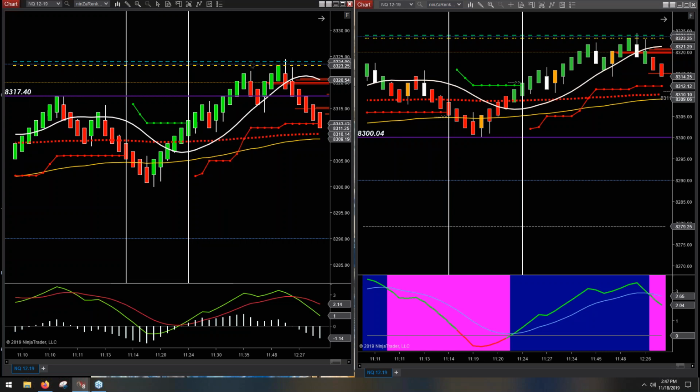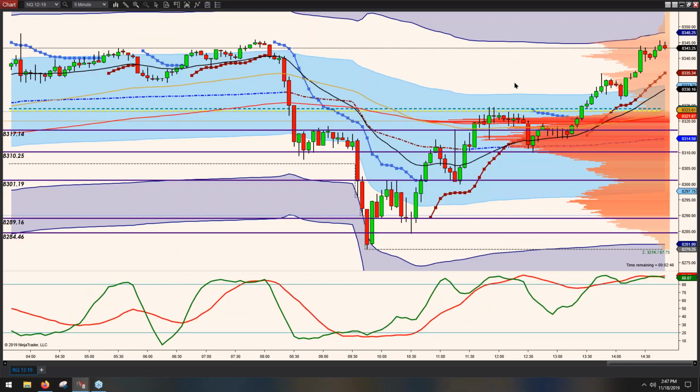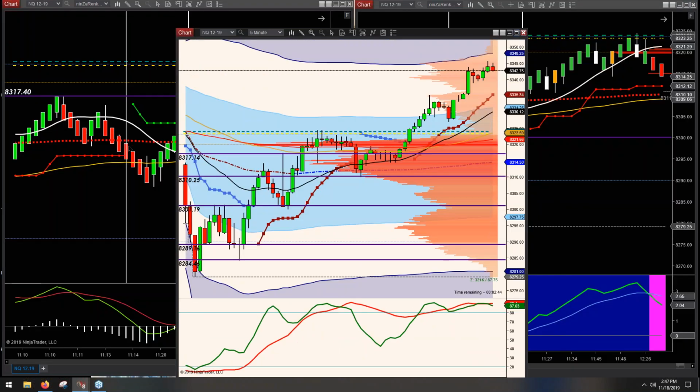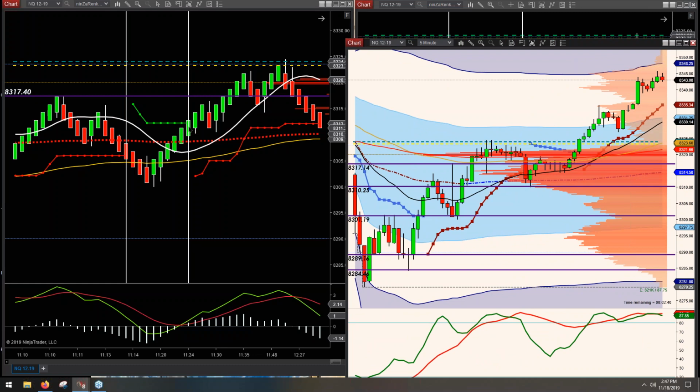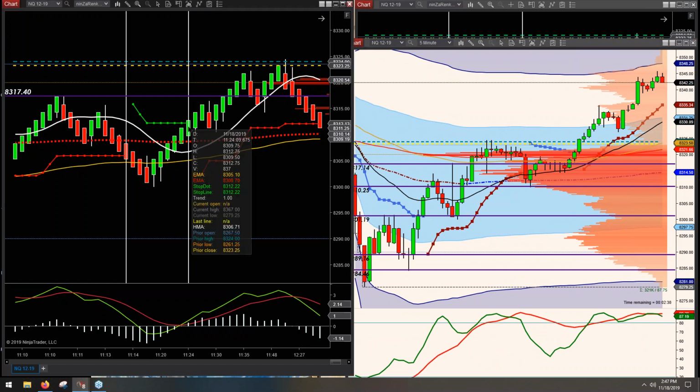Then if it gets through, I've got the previous day's high and close there. So I would look to that as the next target area if price could get through that area at 17. And again, if you look at it on your 5-minute chart at that time, so what time was that? Just so we can see. That was at 11:24.